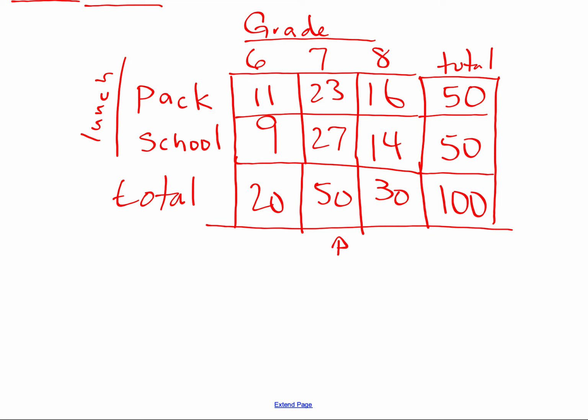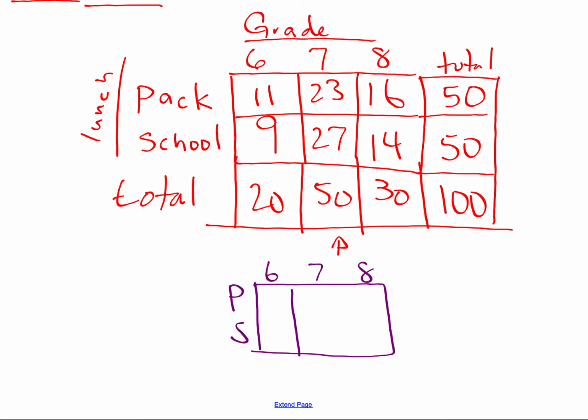So going to recreate this as a relative frequency by column. We've got pack lunch and school lunch, 6th grade, 7th grade, and 8th grade. The totals, of course, are going to be 100% on all of these. Oops, wrote that wrong. 100%, 100%.